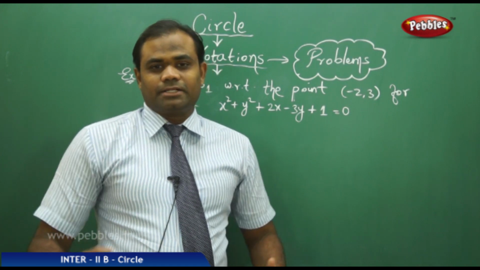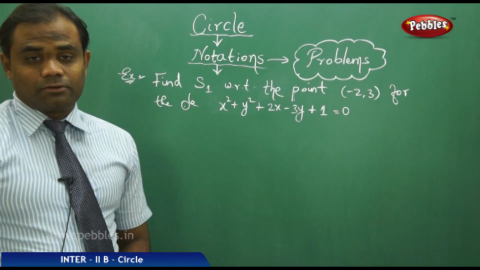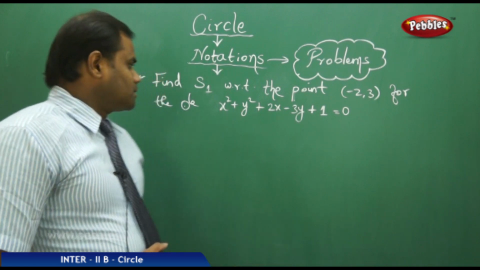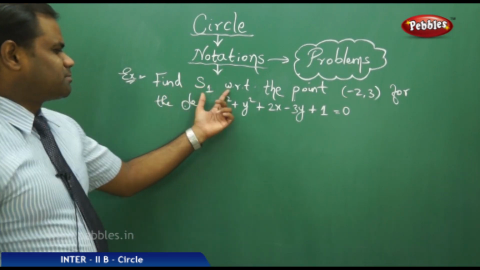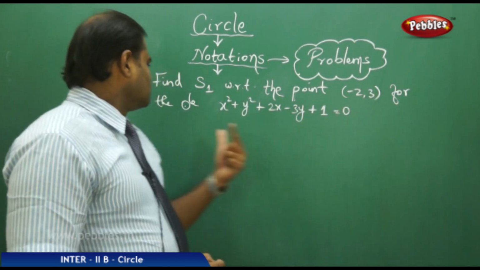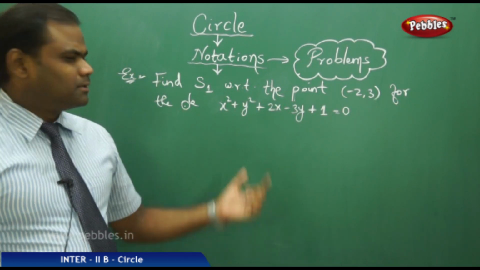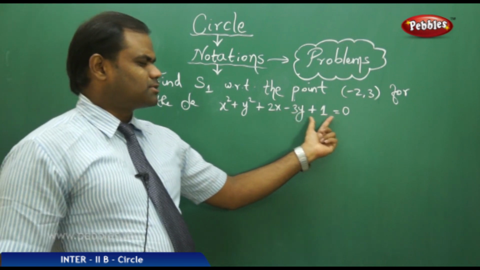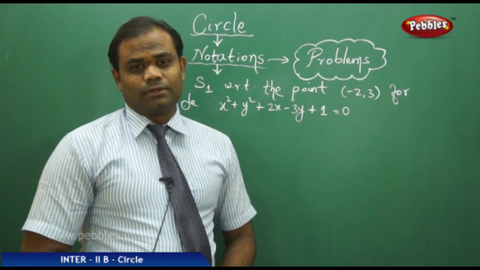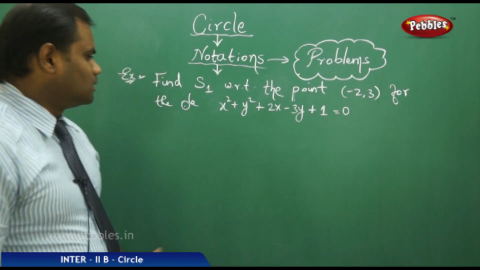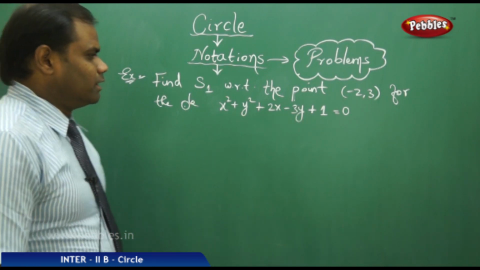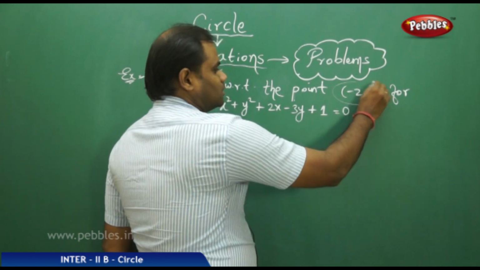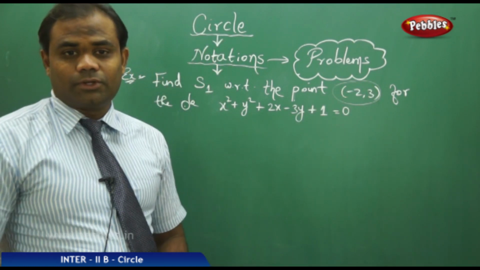Now let's take an example problem to understand the notations better. Say for example, I have a problem where I have to find S1 with respect to the point minus 2, 3 for the circle x squared plus y squared plus 2x minus 3y plus 1 equal to 0. For this circle, the only information given is the point minus 2, 3.